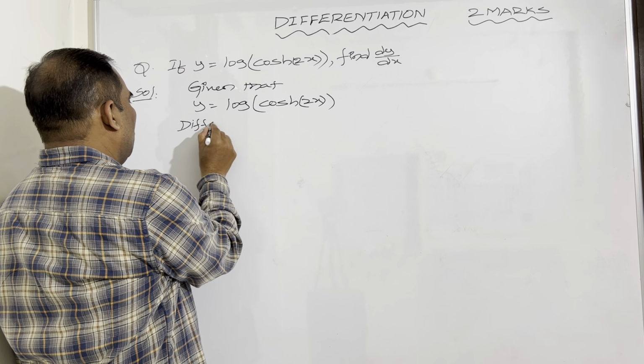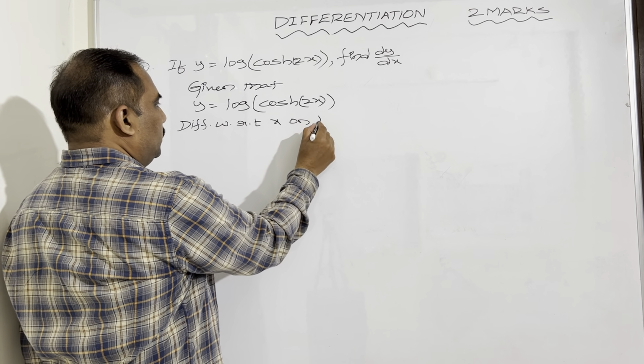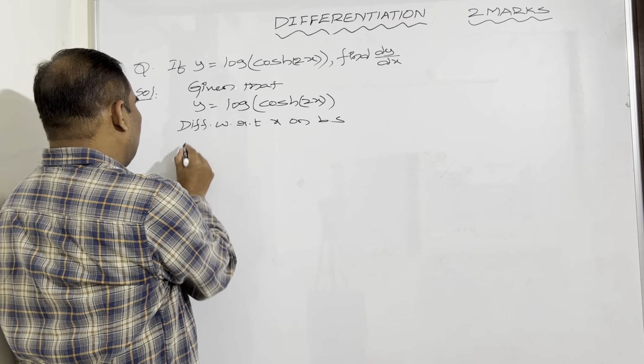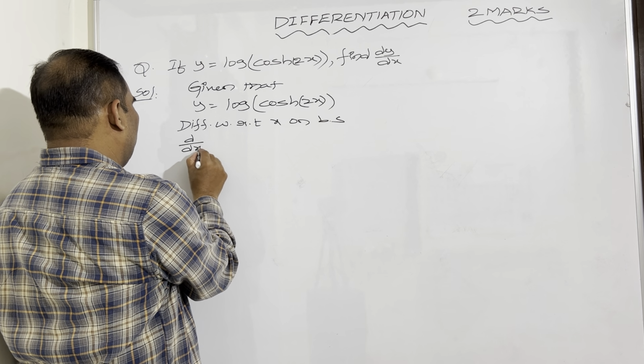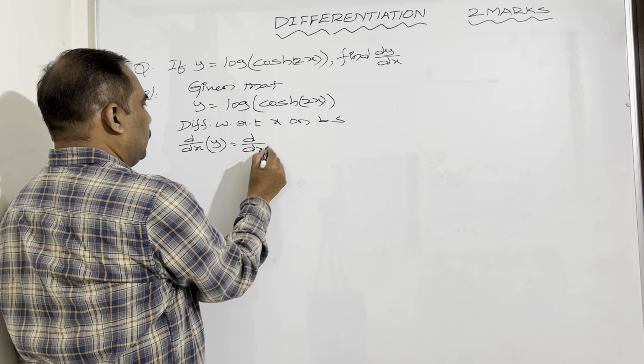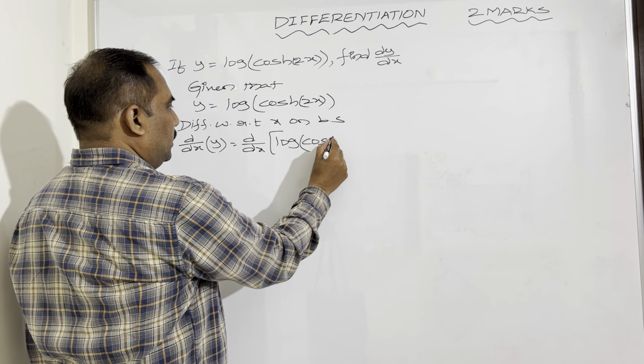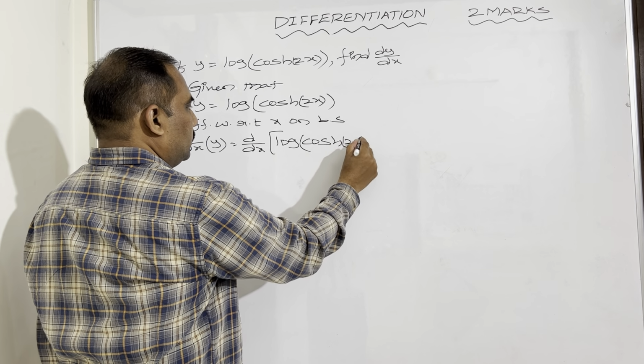Differentiating with respect to x on both sides. Now we get d by dx of y is equal to d by dx of log of cos h 2x.